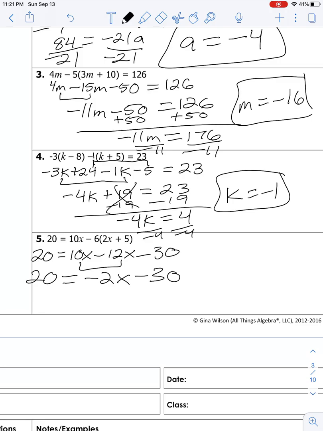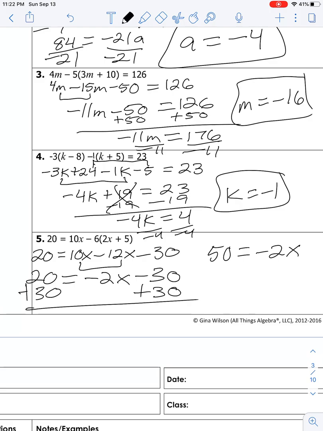Now we're going to add 30 to the other side. I'm going to write it over here because I'm running out of room. So we've got 50 equals negative 2x, divide by negative 2, and we get x equals negative 25.